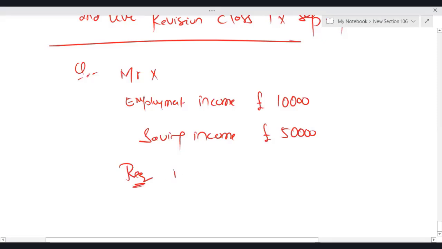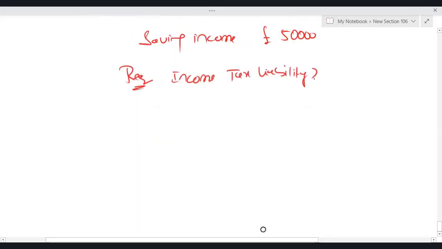Please try to calculate income tax liability. Employment income, we know that employment income is a non-saving income. And saving income is saving income, there's no doubt.